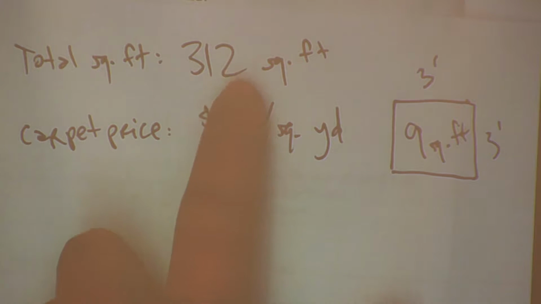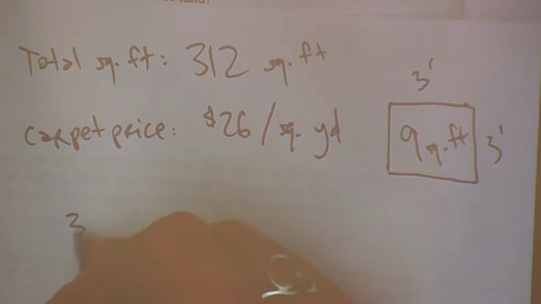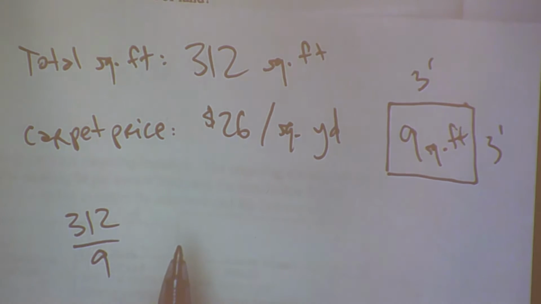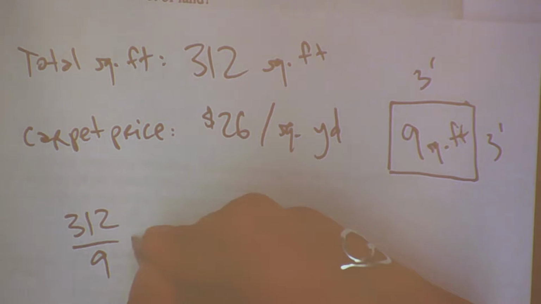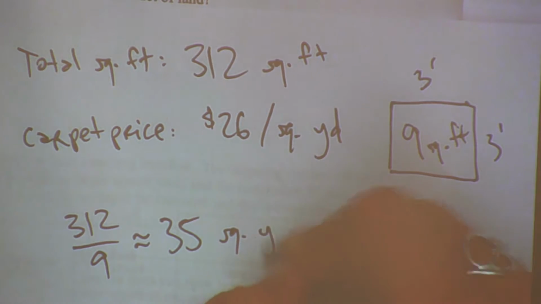So in order to turn this 312 into square yards, I need to do 312 divided by 9, to give me about 35 square yards.